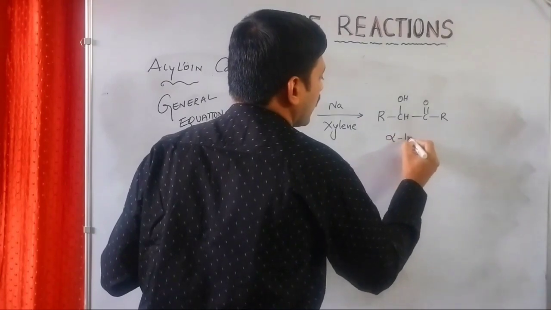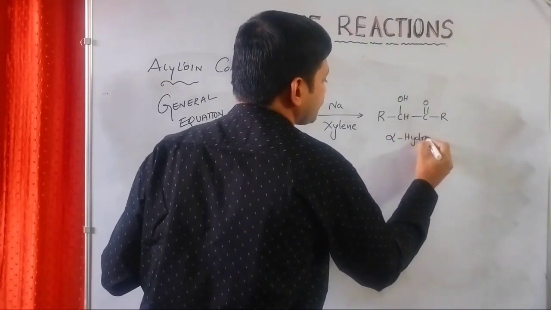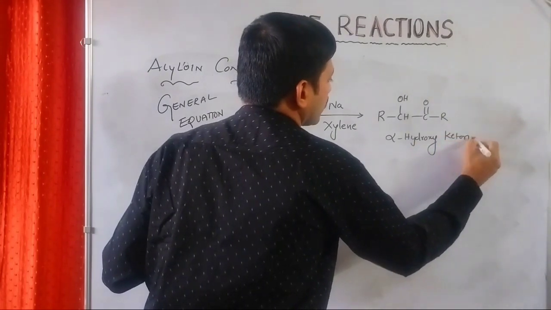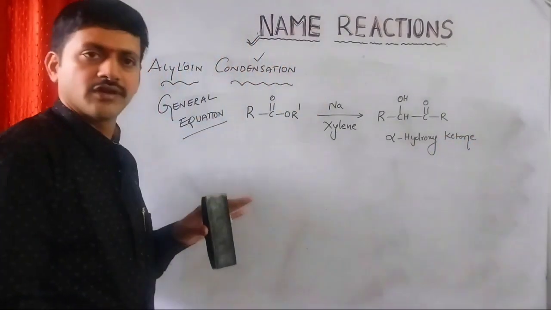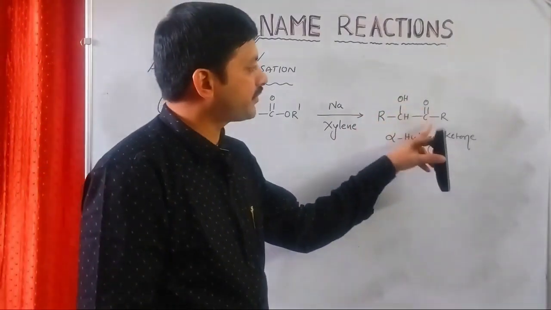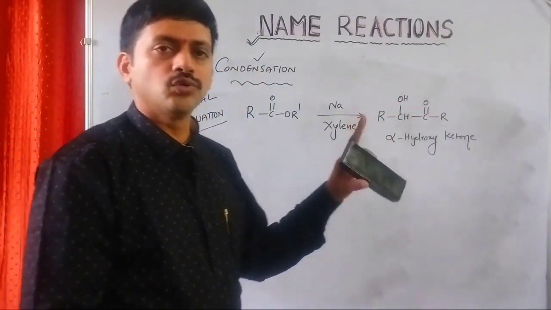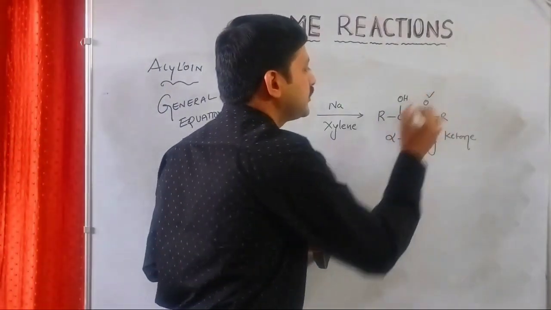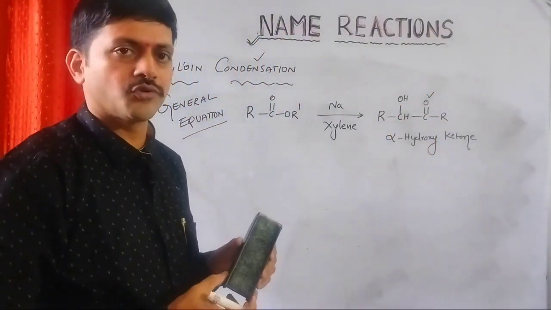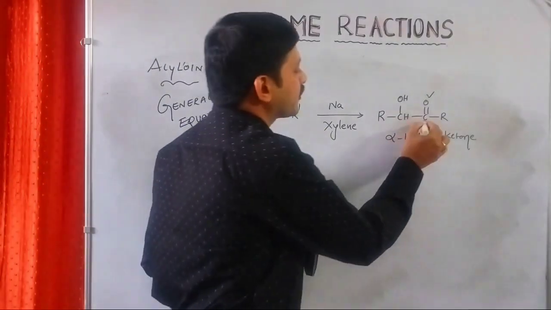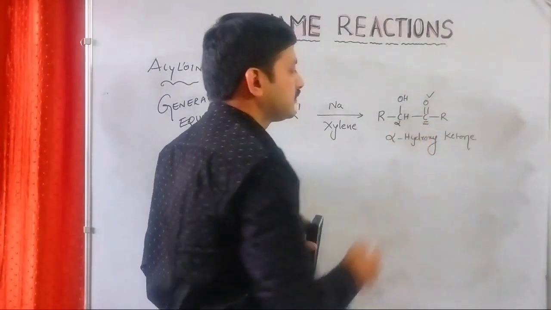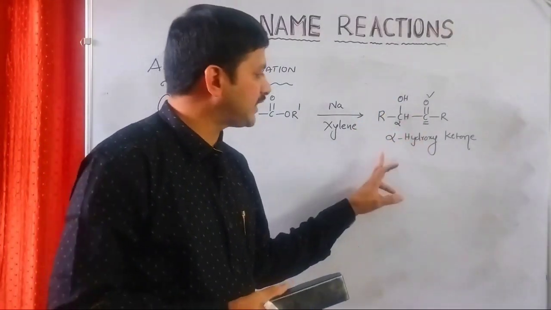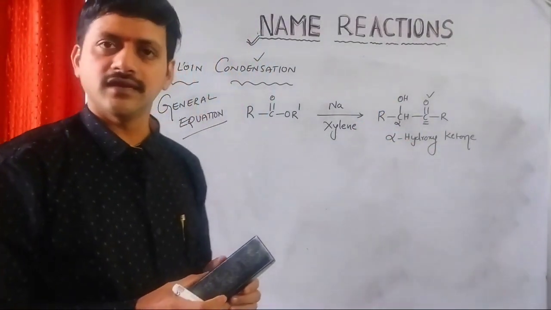This is the alpha hydroxy ketone. We have two functional groups here: one is the OH and another one is C double bond O. When two different functional groups are in competition, we need to identify the main functional group, that is a ketone. With respect to the ketonic carbonyl, the first carbon is the alpha carbon, it is having an OH group, that's why we say it is an alpha hydroxy ketone.